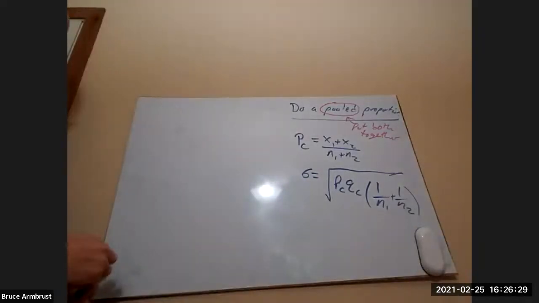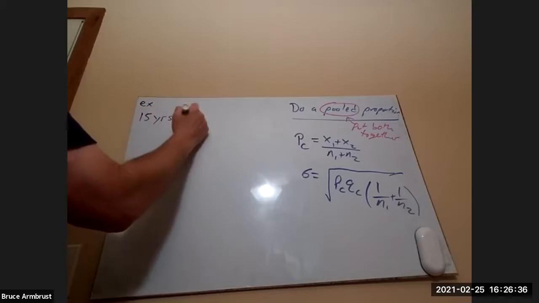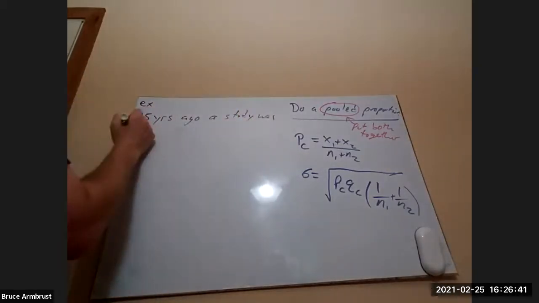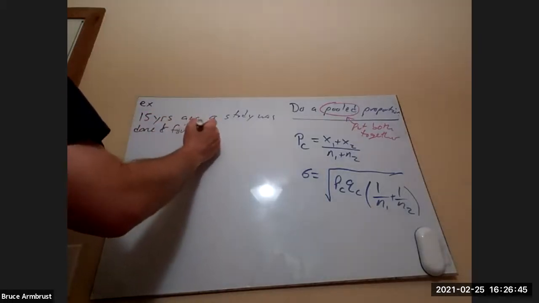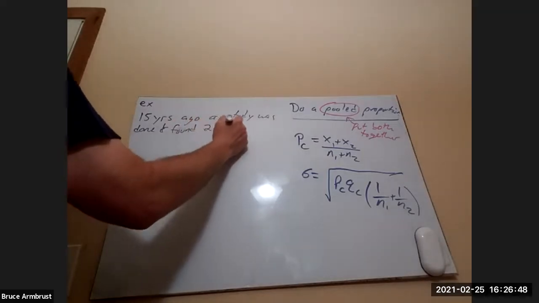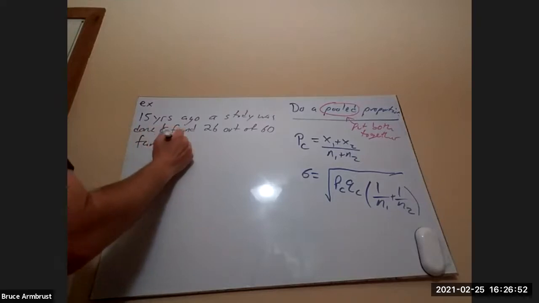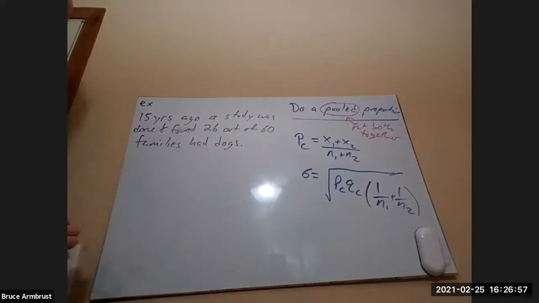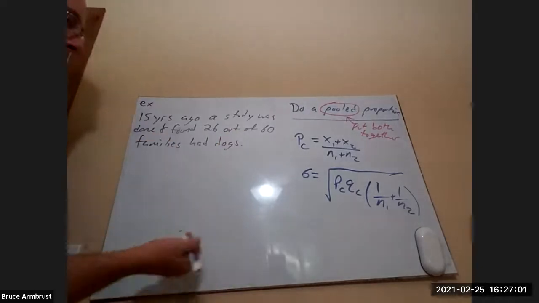All right, so here's the first one. Suppose that 15 years ago, a study was done and found that 26 out of 60 families had dogs. Okay, so 26 out of the 60 had a pet dog. Probably.